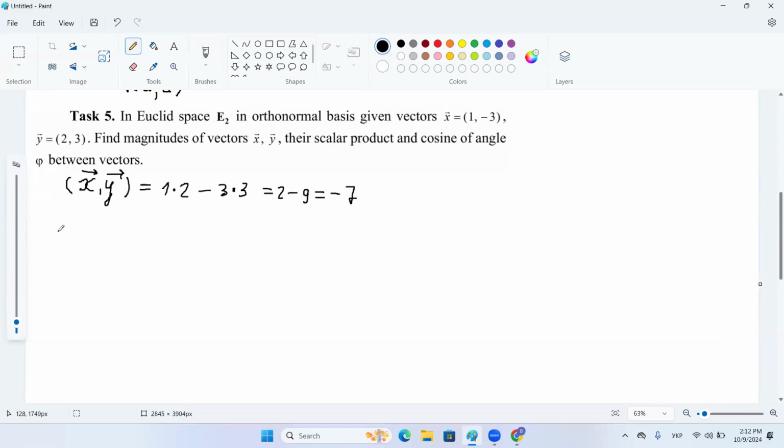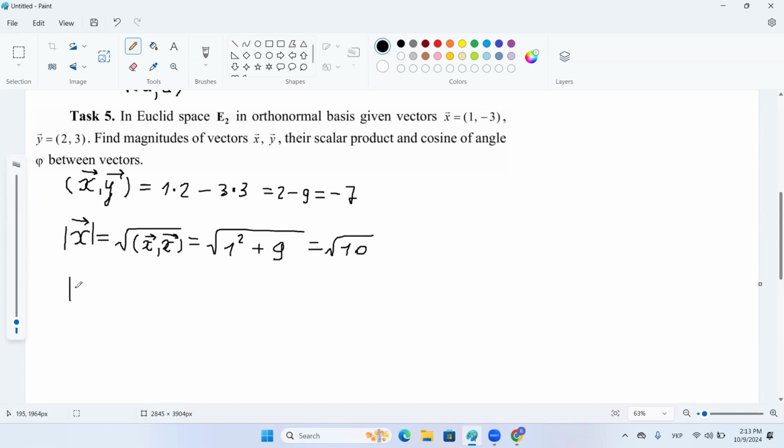And let's find magnitudes, using the new definition. We'll multiply x by itself, which is the same as what we did yesterday. So 1 squared plus 9, and so the square root of 10.